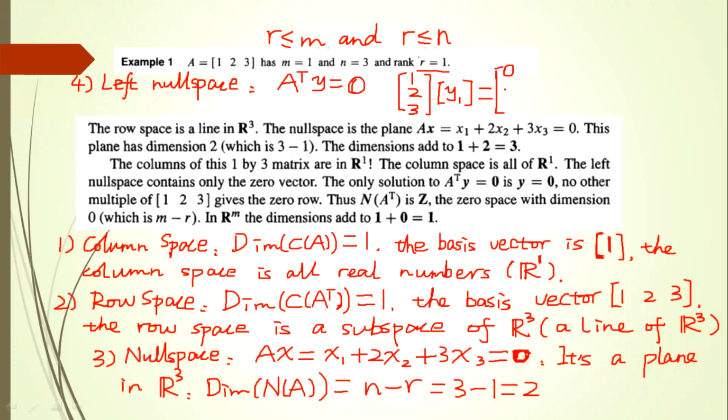What is y1? The solution will be the 0 vector. The dimension is called 0. This is the 0 space. So the only solution to A transpose y equals 0 is y equals 0.